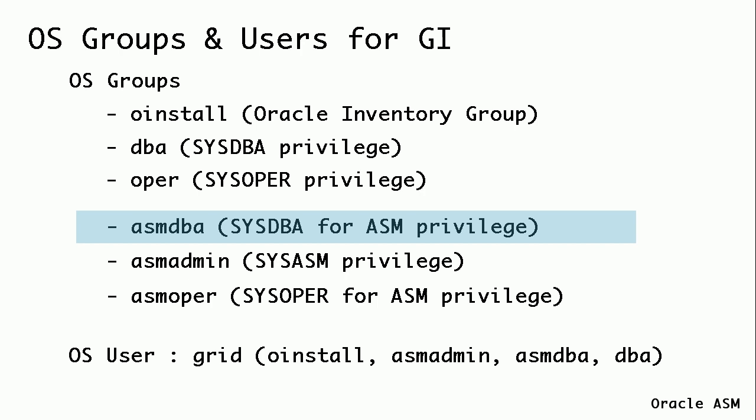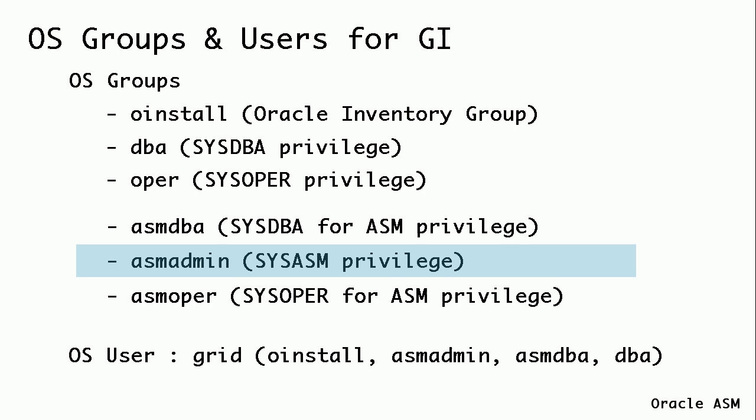ASM DBA group will get sysdba privilege for ASM. Users in this group will get full administration privileges to manage ASM instances. ASM admin group will get sysasm privilege.